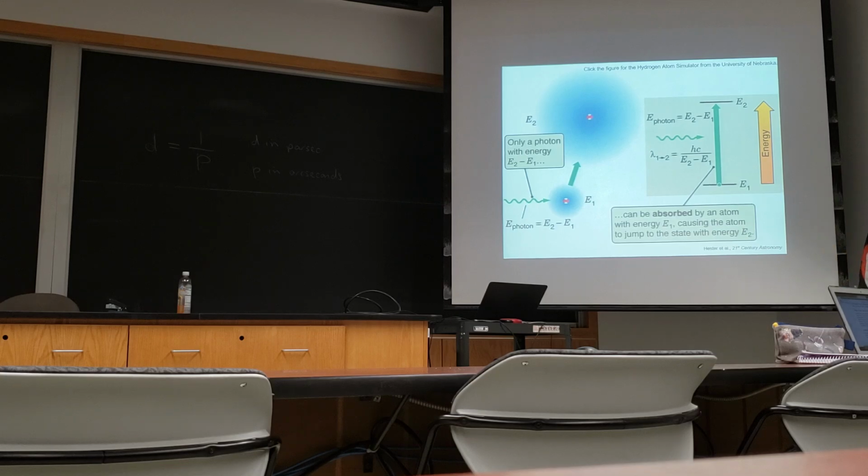Yeah, the atom's like, right? It doesn't care. It turns out it might scatter off of it, but generally it doesn't care because it's only able to absorb, to eat photons that have just the right energy to cause a transition. So if the energy is too low, the atom's like, meh, don't bother me.